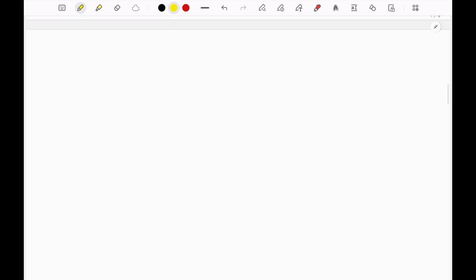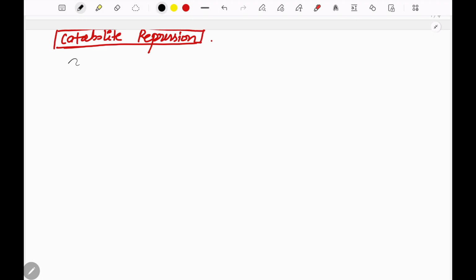Now we will study about a special case which is called the catabolite repression. So it is basically controlled by glucose.